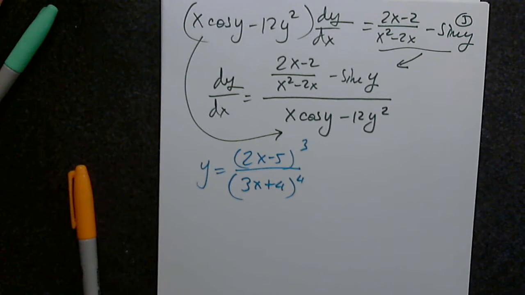Let me know if you need help. So use the quotient rule. The top function is number 1, the bottom function is number 2. Don't forget to square the denominator, right? The denominator would be 3x plus 4 to which power? 4 times 2. The 8th power. Yeah. Okay. And do not simplify in the sum.